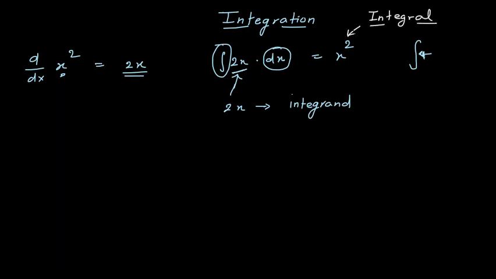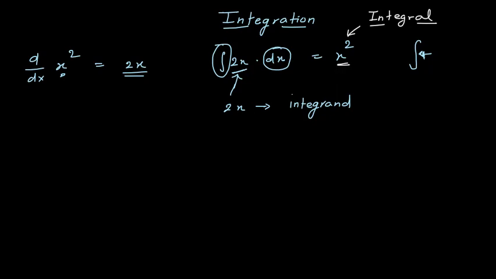I hope you understand this sign. This sign indicates that we are doing integration, and this whole process of finding the integral is called integration. So integration is to find the integral of a given function, and this is the reverse of the derivative. I hope you understand what integration is.